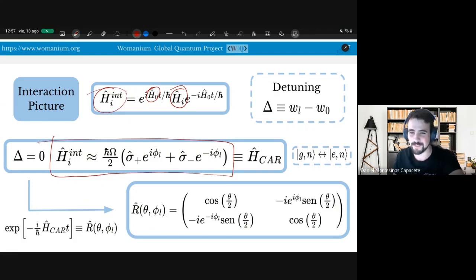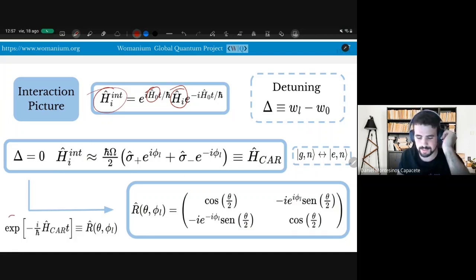That can be confusing, right? Since detuning equals 0 means that the frequency of the laser is equal to the frequency of the transition, this is normally called the carrier transition, and that's why the label here is carrier.